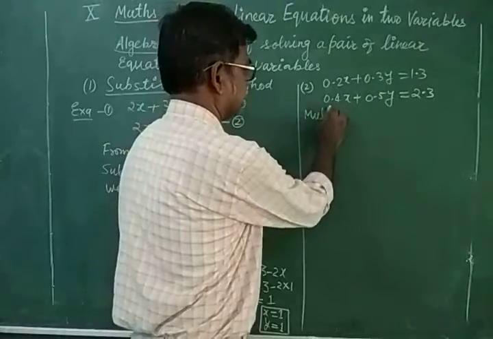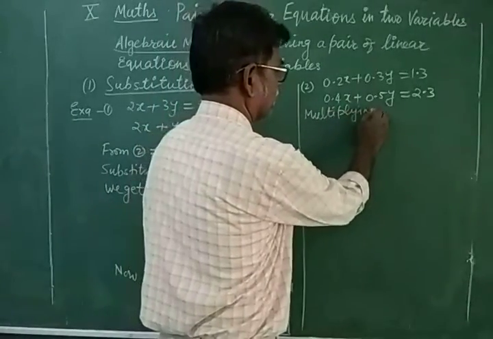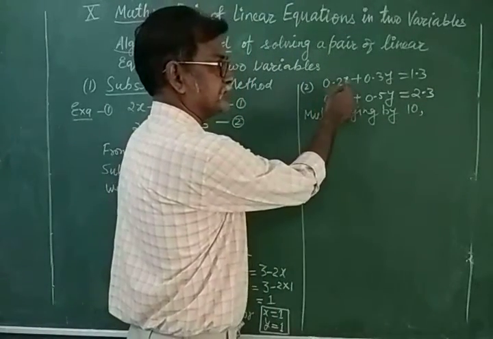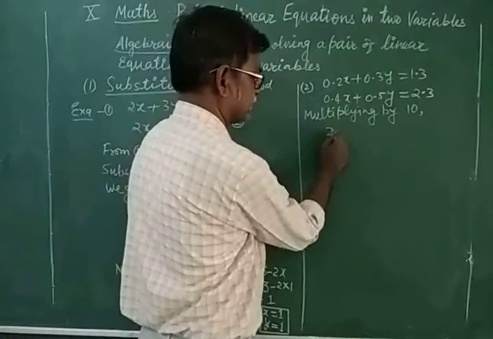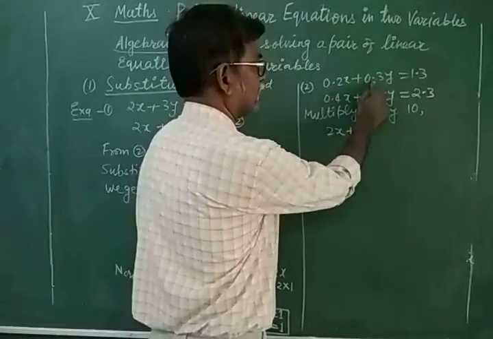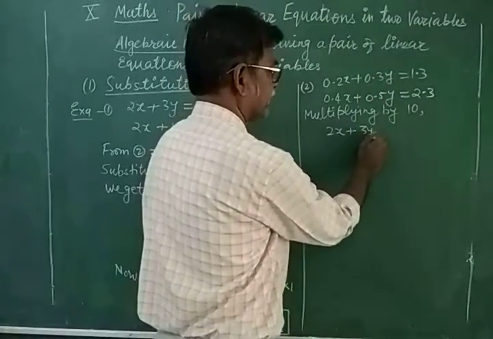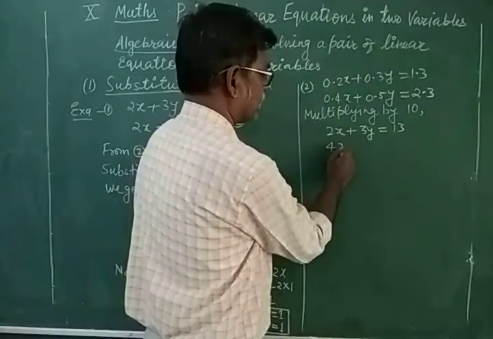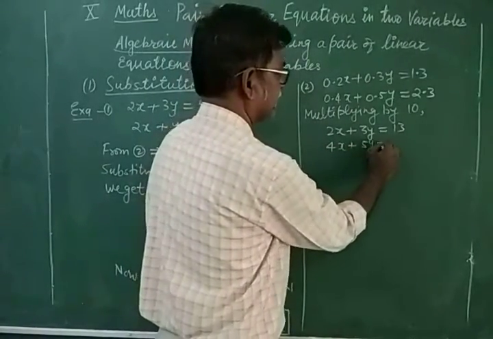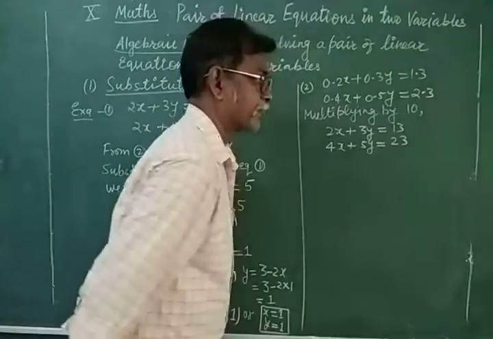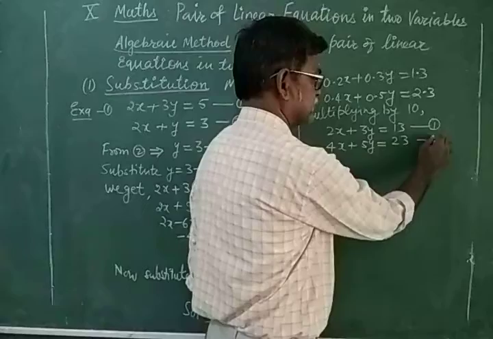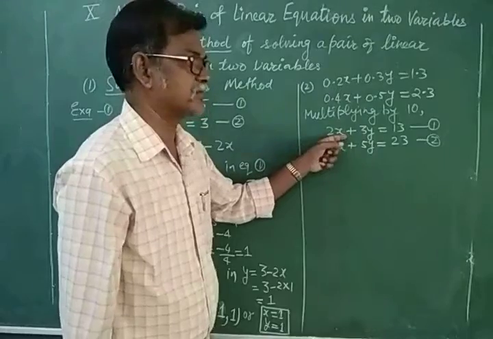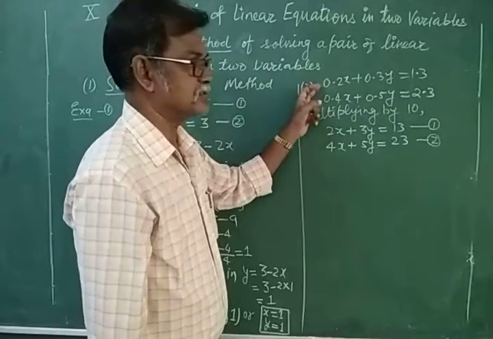So multiplying by 10, 0.2 into 10 is 2.0, that's 2x, and 3.0 is 3y is equal to 1.3 times 10, 13. Like this, 4x plus 5y is equal to 22. Now this is your equation 1 and this is equation 2. These equations are equivalent equations. If you find the solution of these equations, it's the same as the solution of the original equations.